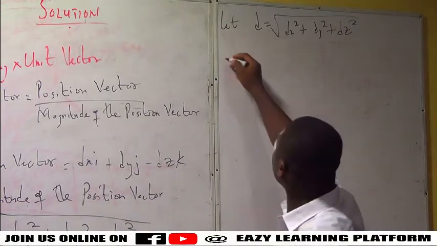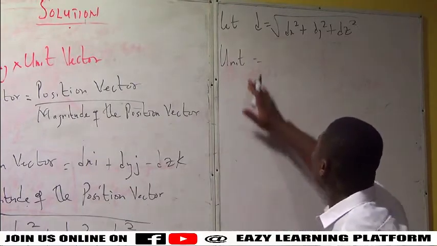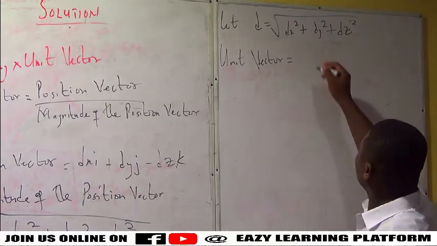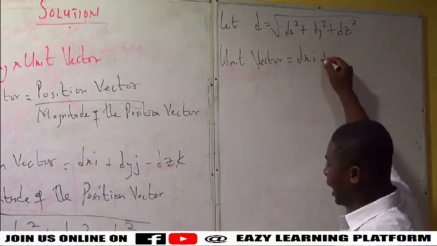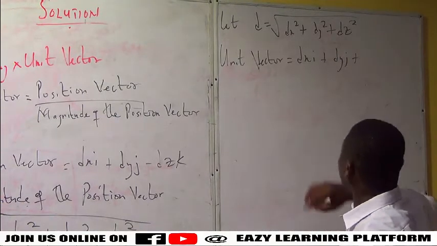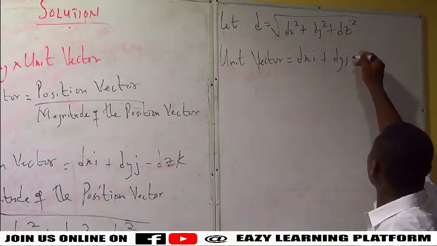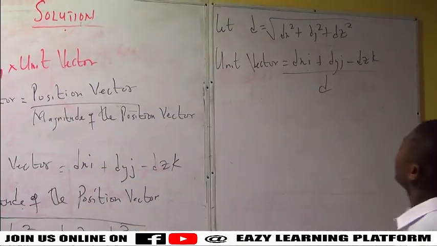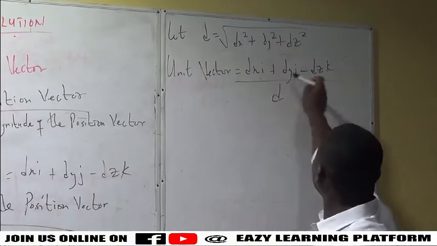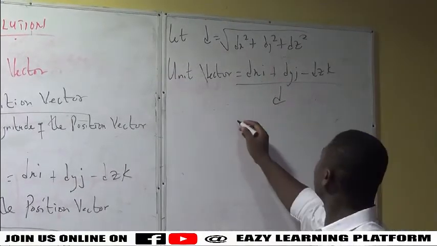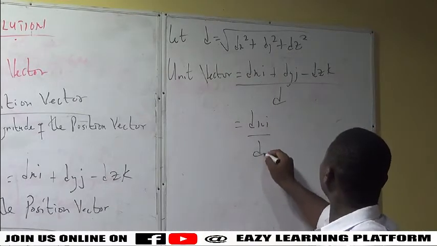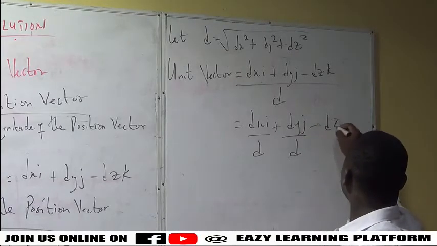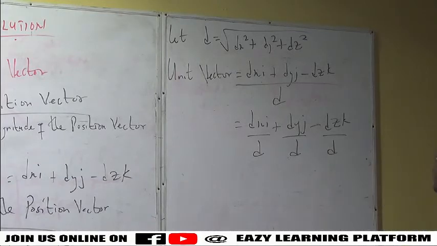Then we can have the unit vector simplified as dxi plus dyj minus dzk all over D. Simplifying this equation, I have dxi over D plus dyj over D minus dzk over D.